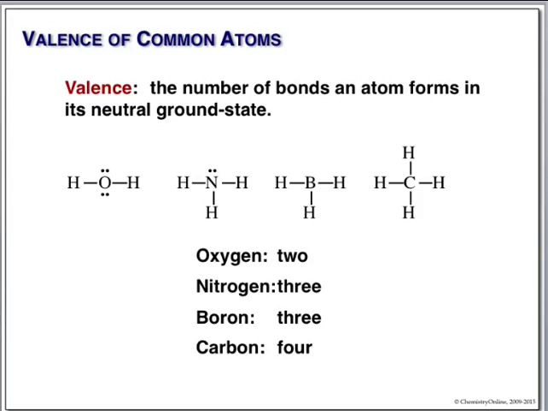Remember, this makes boron compounds very good electron acceptors because they desperately want another pair. And finally, carbon. Carbon has 4 bonds in virtually all neutral carbon compounds. Today we're going to be talking about compounds of carbon.